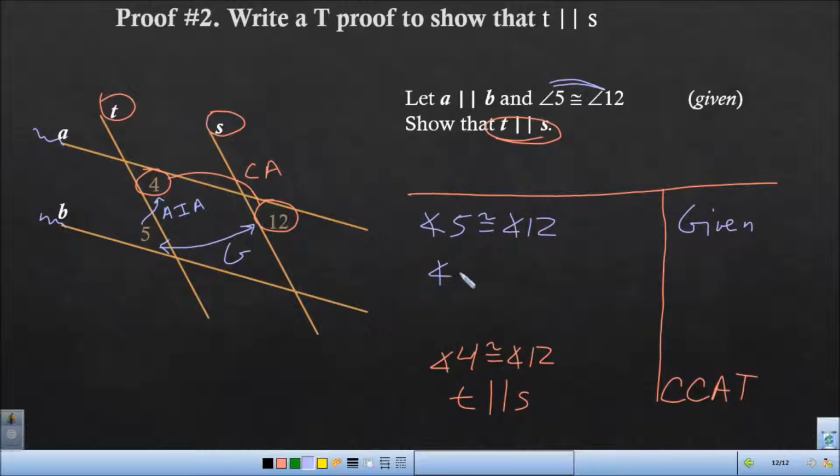Angle 5 is congruent to angle 4, alternate interior angles theorem because A is parallel to B. All right, and then of course we have our connection here through the 5s, which means that this is congruent by the transitive property. All right, so we work backwards to figure out how to set up our proof.